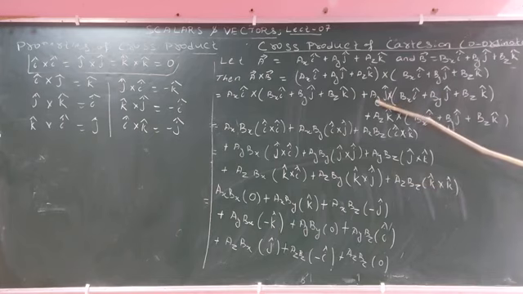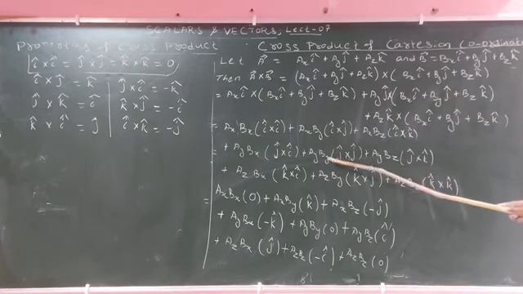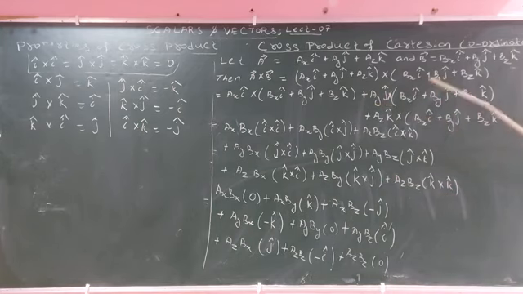Similarly, ay bx j cap cross i cap, ay by j cap cross j cap, ay bz j cap cross k cap, az bx k cap cross i cap, az by k cap cross j cap, and az bz k cap cross k cap.